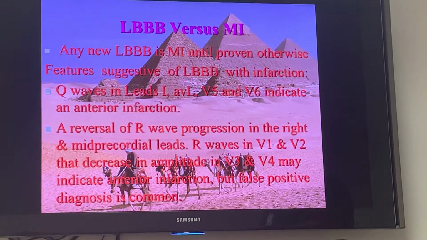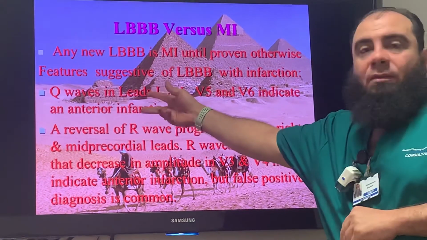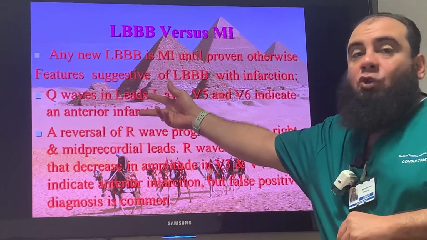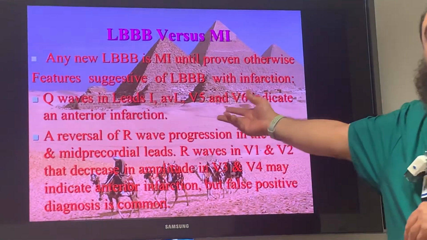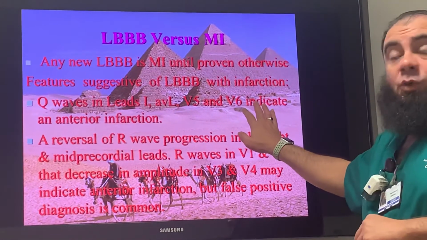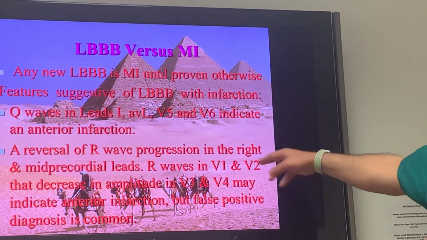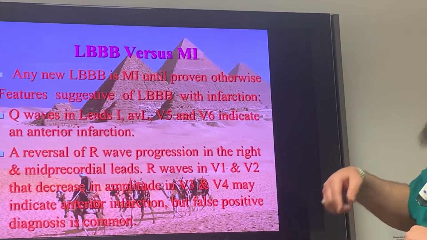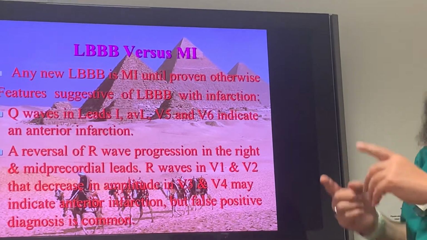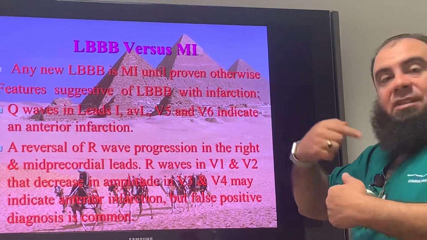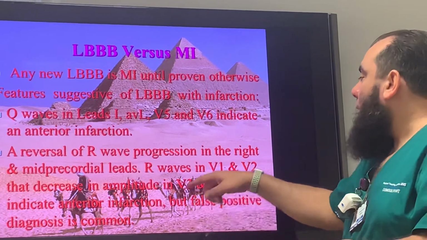Yeah, the Q wave in lateral leads is not supposed to be there in left bundle, but if it is there, it gives us a clue about anterior infarction. A reversal of R wave progression in the right mid-precordial leads, V1, V2, V3, V4. Usually it is very small, but if it is high and reversal, it means going small with time.